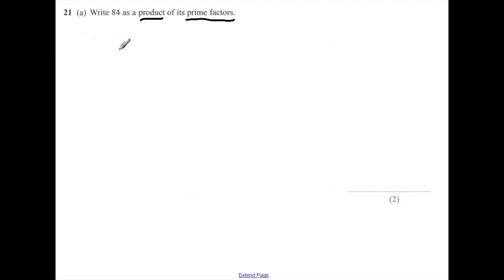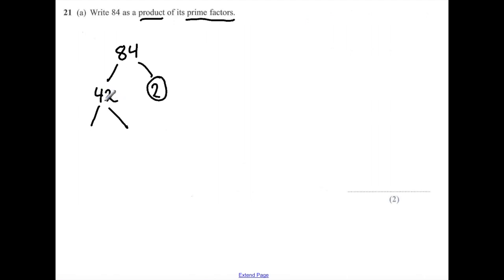So 84 over here. Now, two numbers that you multiply together that give us 84: 42 and 2. 2 is a prime number, so I'm going to circle that. 42 isn't a prime number, so it can be broken down further.